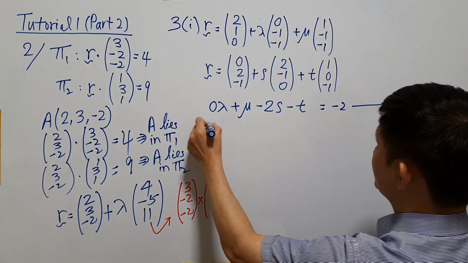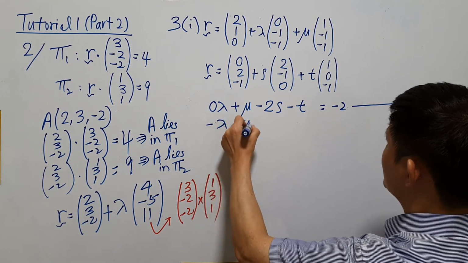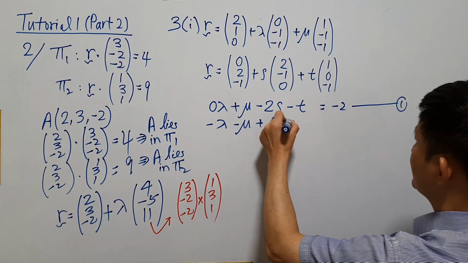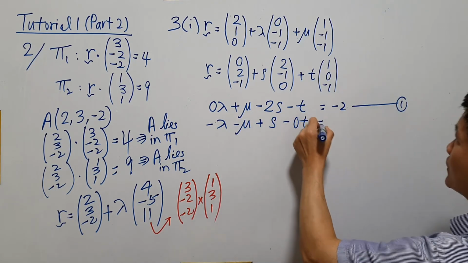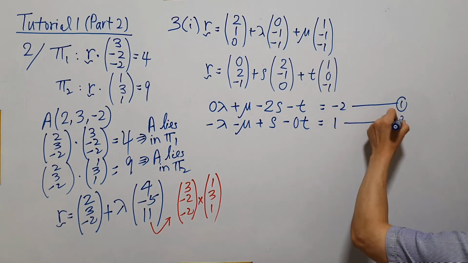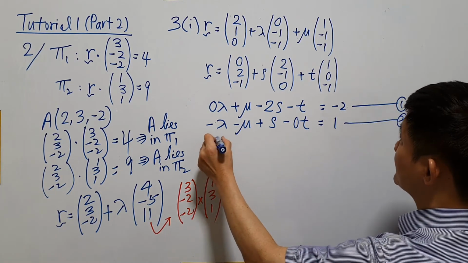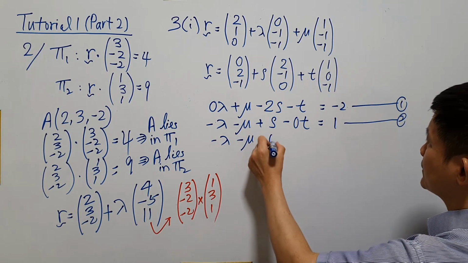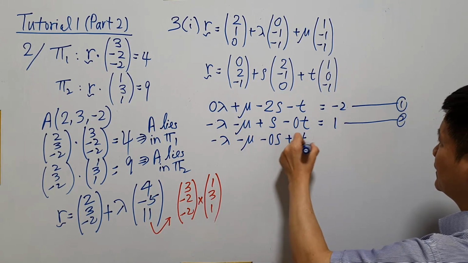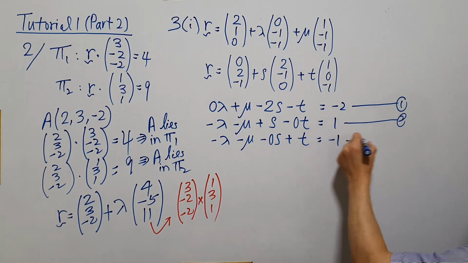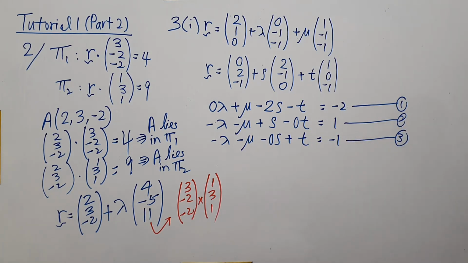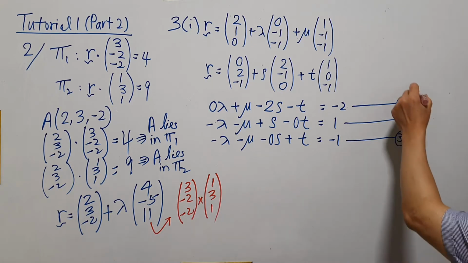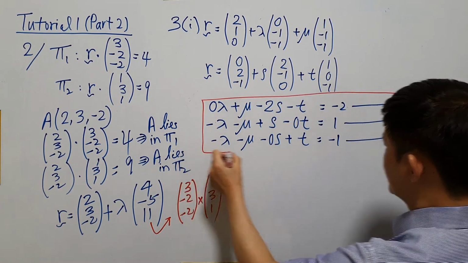My second equation is minus lambda minus mu plus s minus 0t equals 1. And my third equation is minus lambda minus mu minus 0s plus t equals minus 1. So I have simply equated the two equations, shifted terms around, and obtained these three equations in 4 unknowns.